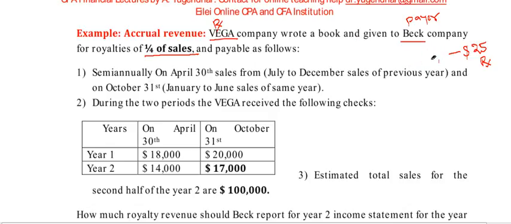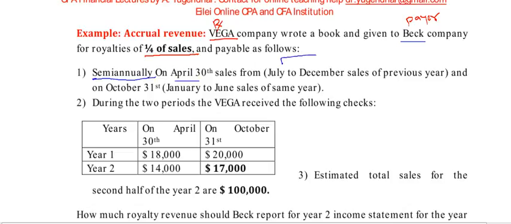Vega company wrote a book and gave it to Beck company for a royalty of 1/4 of the sales, payable as follows. Semi-annually, the royalty is paid to Vega on two dates, which means they pay two times per year. The first is 30th April, for sales from July to December.